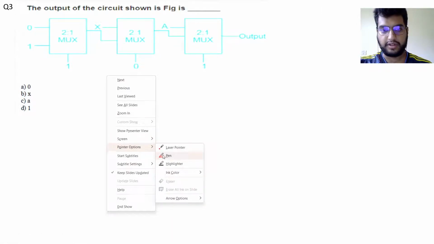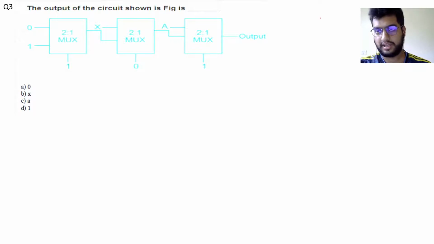Now let me first redraw what a 2:1 mux essentially does. Some people have joined in, that's why I'm repeating this.